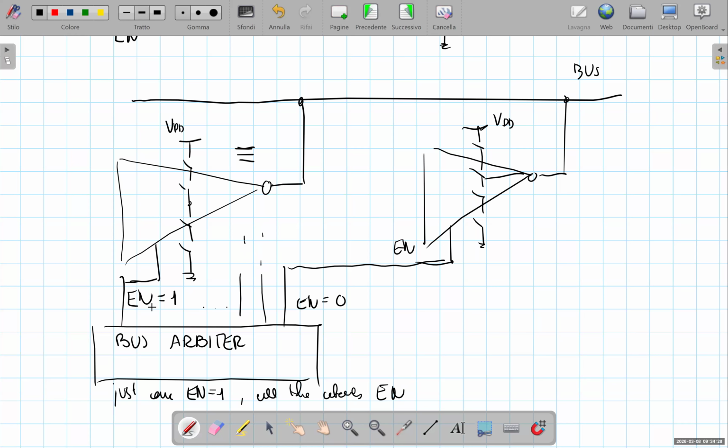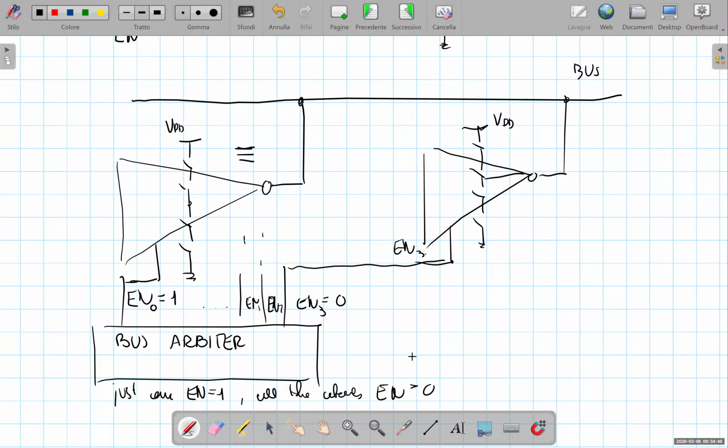and so let's call this N0, N1, N2, N3, for instance. So this is N0, this is N3. All the others should be low.